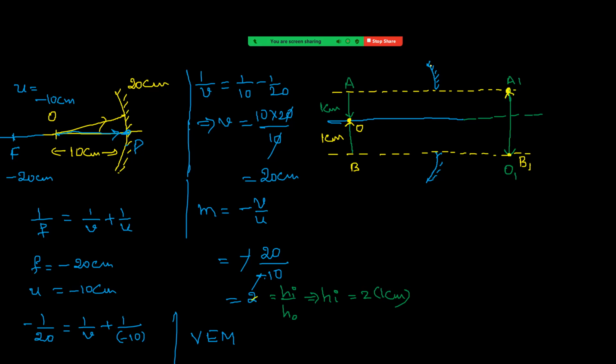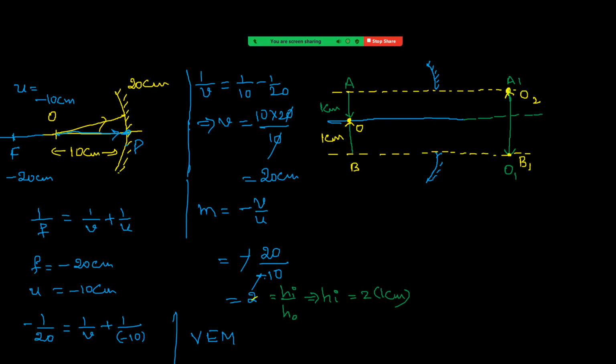That means by the upper one, the image of O is now O1. By the lower one, the image of O, take it as O2. Is the point clear?